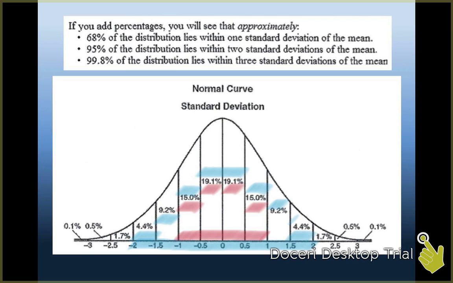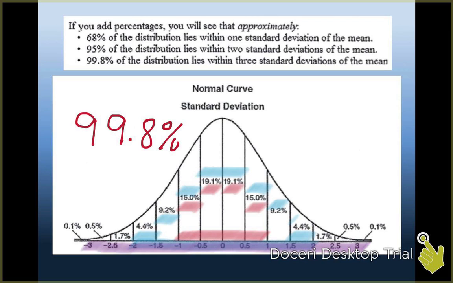And if you want to go 3 standard deviations away, so even further, so we're talking about from this end all the way down to the other end, if you add all those up, it ends up to be 99.8% of the data within 3 standard deviations. Anything more than that, and it starts to get 99.999%.